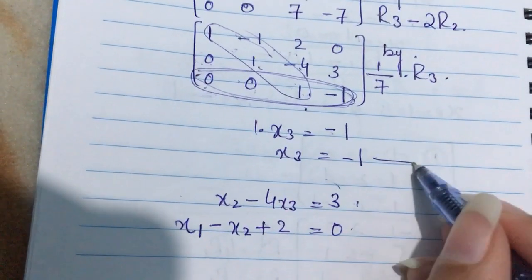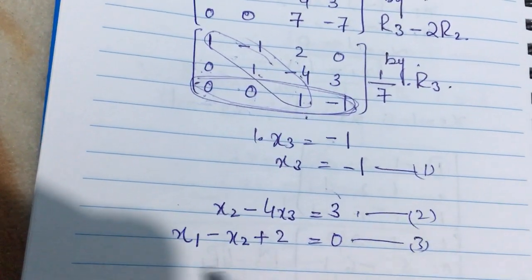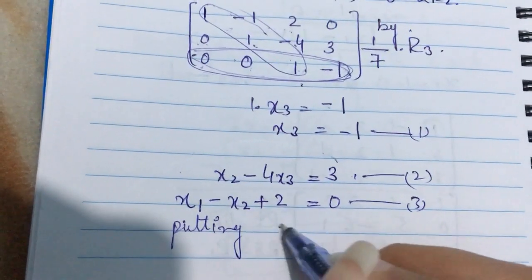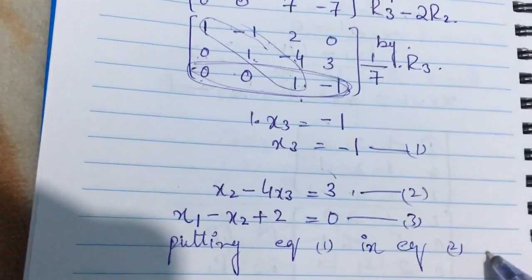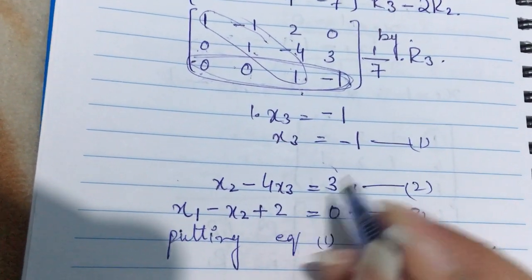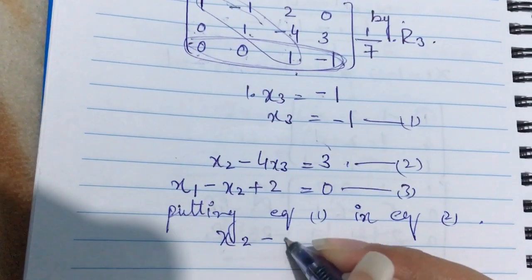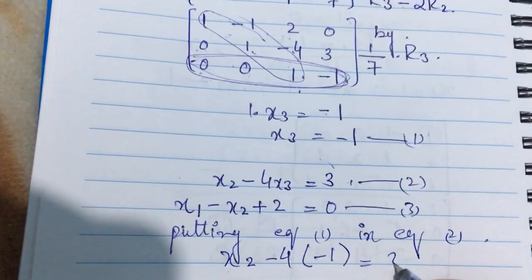Now putting equation 1 into equation 2, we have x2 minus 4 times the value of x3, which is minus 1, equals 3.